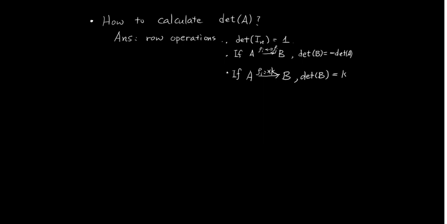So this is nothing new, it's basically the same definition. I just want to make a summary so that it's easier for you. Lastly, if you take one row and add its multiple to the other row, then the determinant does not change.